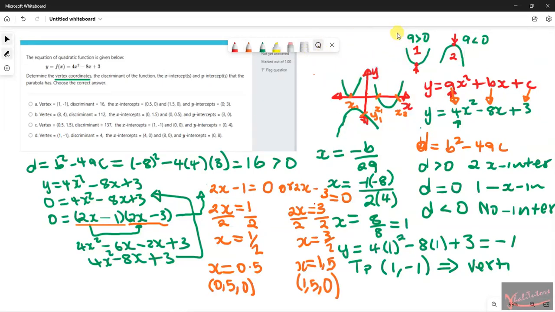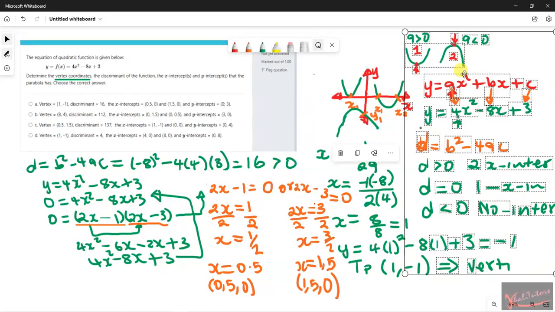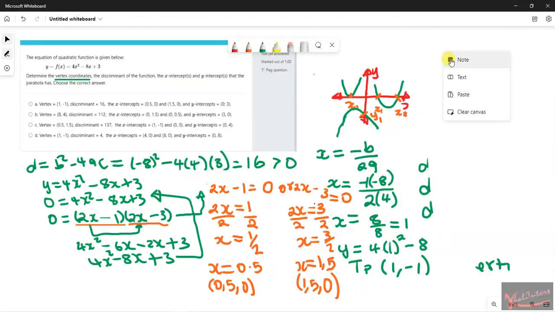I'm going to delete some of these things so that we can have some space. Now we only need to determine the y-intercept. To do this, you simply do the same thing that you did for the x-intercept.